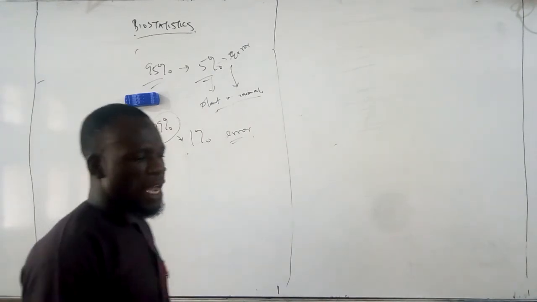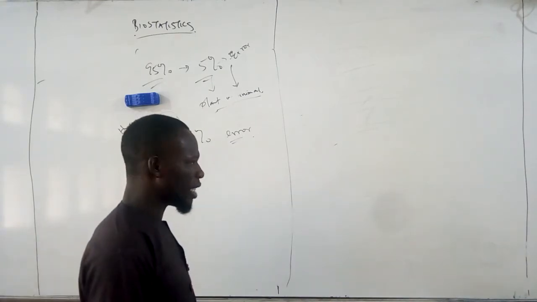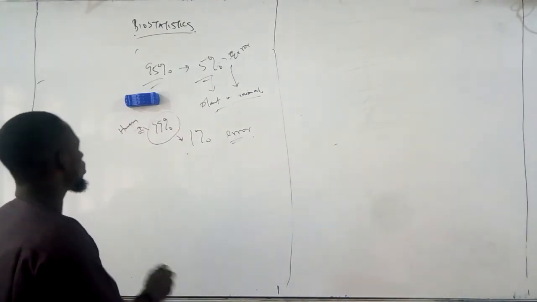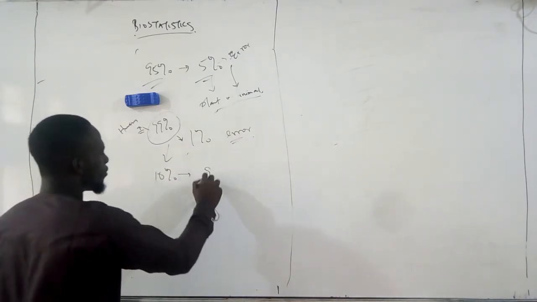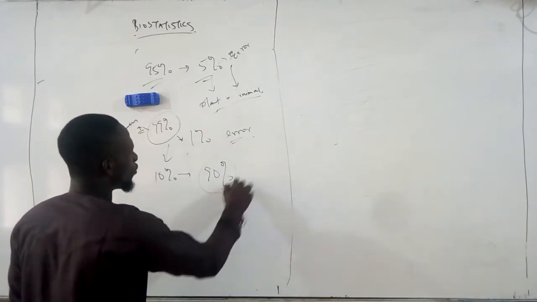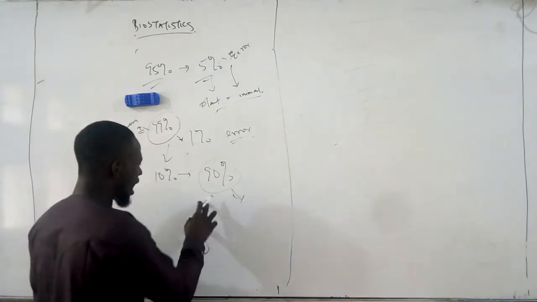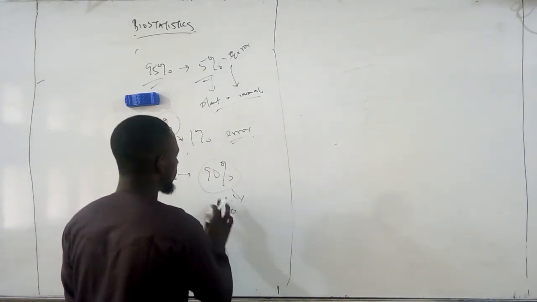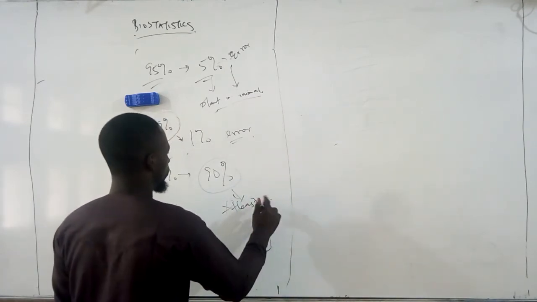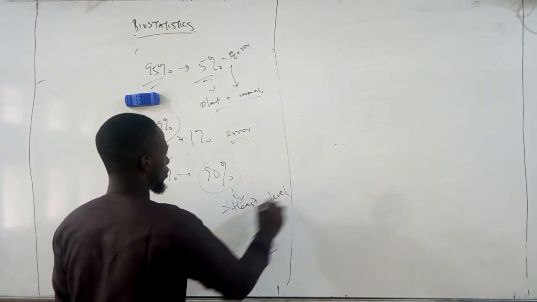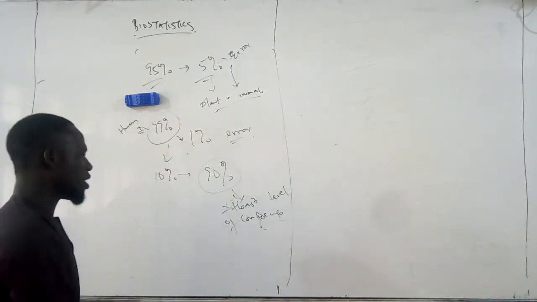Now, irrespective of any field you are working on, the highest level of error that is supposed to be allowed is 10% error. That is, you are supposed to have at least 90% level of confidence, whichever statistical experiment you are carrying out, before it is going to be accepted.